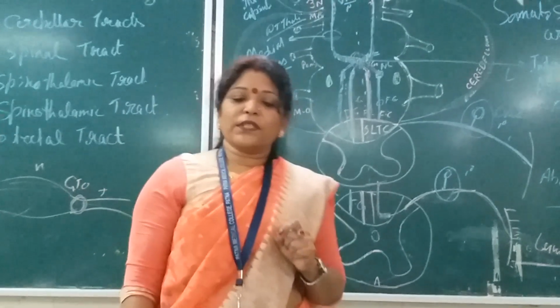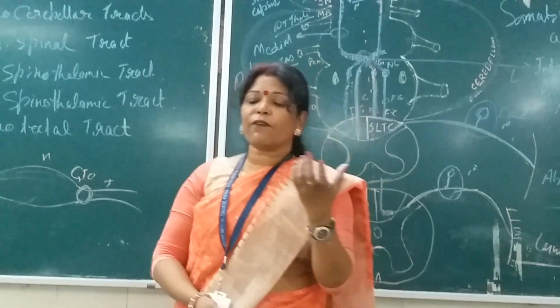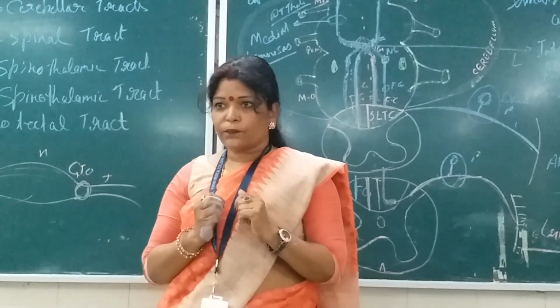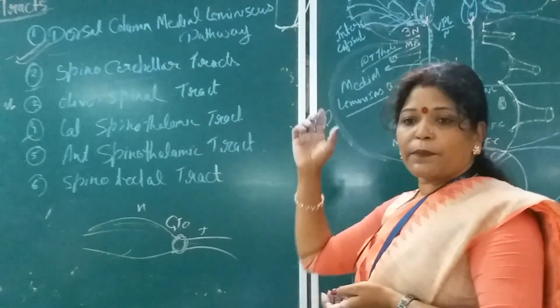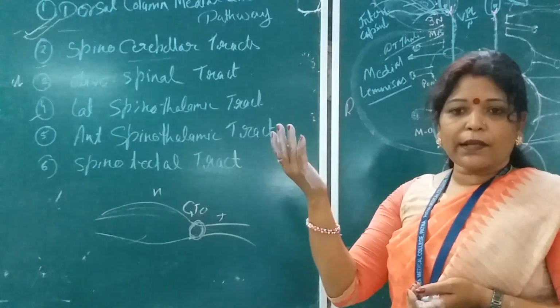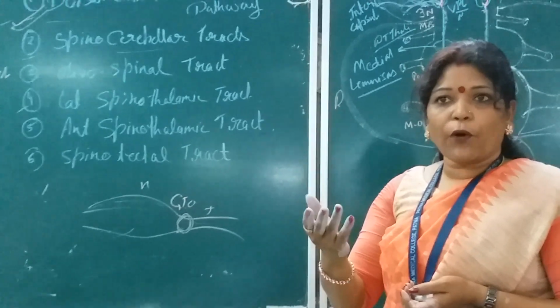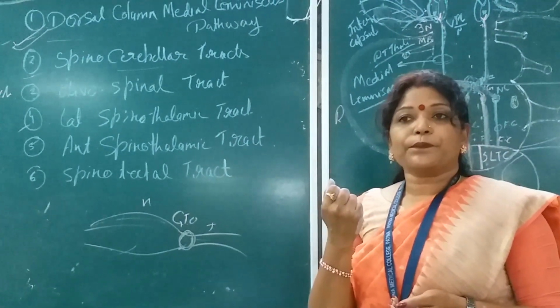So these types of sensation which do not reach consciousness are involved in some reflex activity. This spinocerebellar tract, what does it mean? From the spinal cord to the cerebellar hemisphere, the sensations are going ascending upwards. Which type of sensation are they carrying with them?